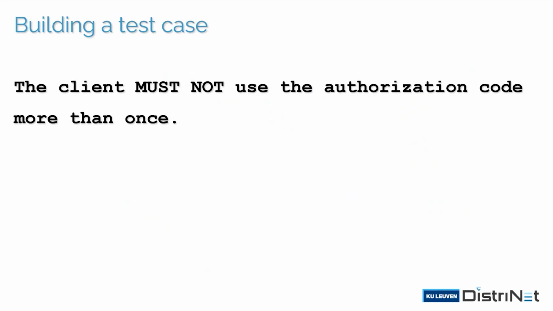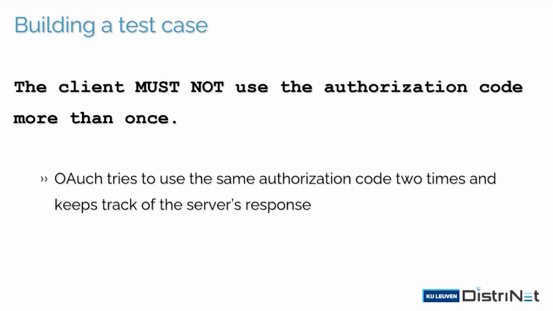You can only use it once. So how does OAuch test this? It's actually very simple. We get an authorization code from the authorization server and try to exchange it twice, and there are two options. One, it fails, which means the server implements the countermeasure correctly, right?